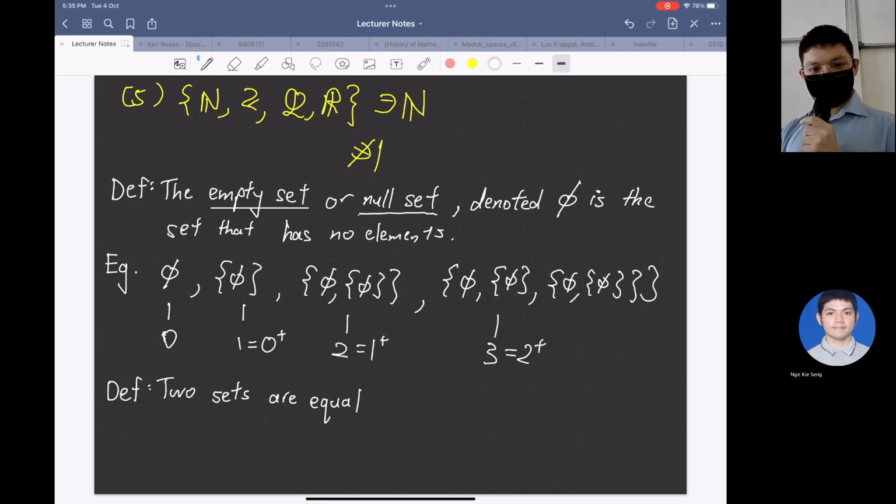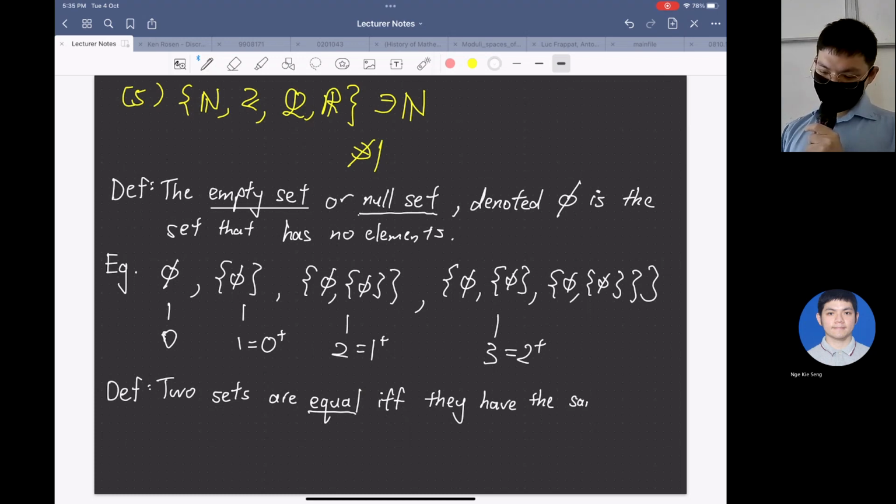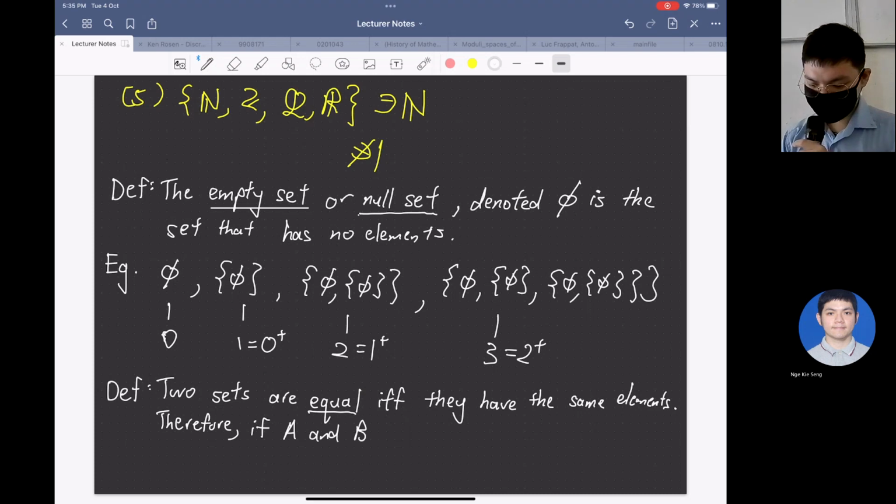Now we have two sets. We want to see when they are equal to each other. So they are equal to each other if and only if they have the same elements. So how to check in practice? Therefore, let A and B be any sets.